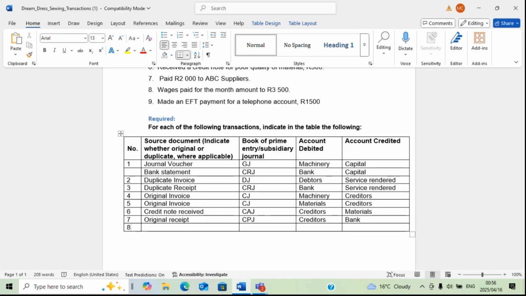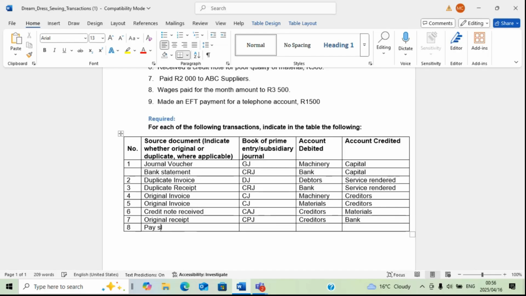Transaction number 8, they say wages paid for the month amount to 3,500. So you've paid wages to your employees, right? The source document can be a pay slip.